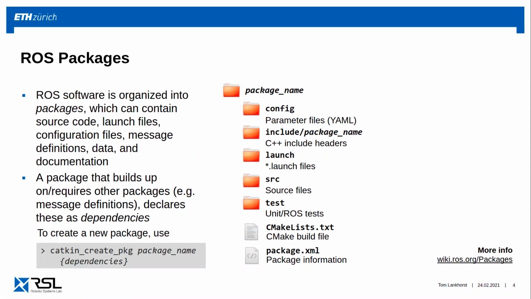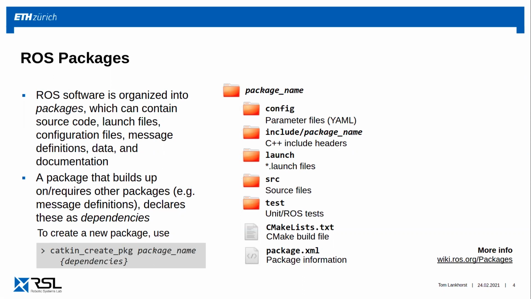The package then contains a number of files and directories, and these files and directories contain specialized code and configuration. A package can then depend on other packages to implement different parts of the functionality that it requires.